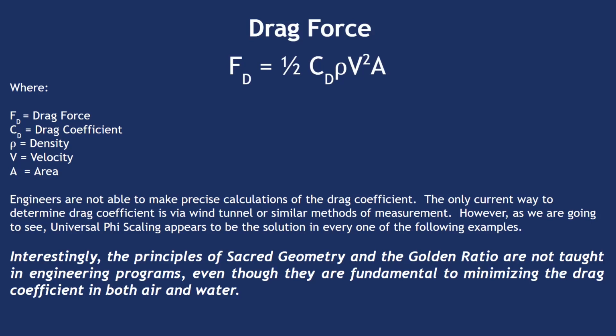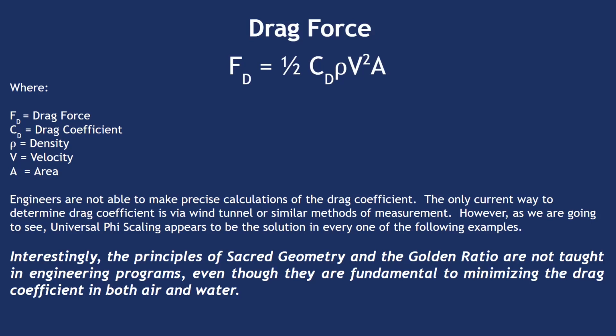I'm going to be doing another video on animals, or birds who fly, and we're going to see that even in airborne animals, this geometry of universal Phi scaling always tends to minimize the drag coefficient, because we see it everywhere, not only in these airplanes, but in waterborne vehicles and waterborne animals as well.